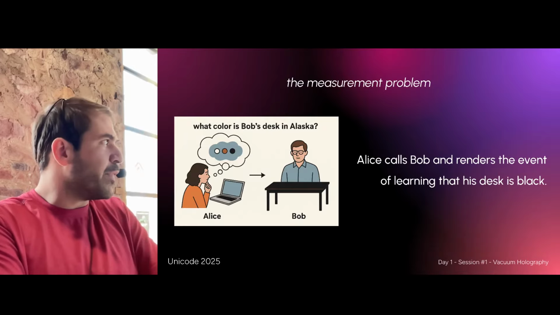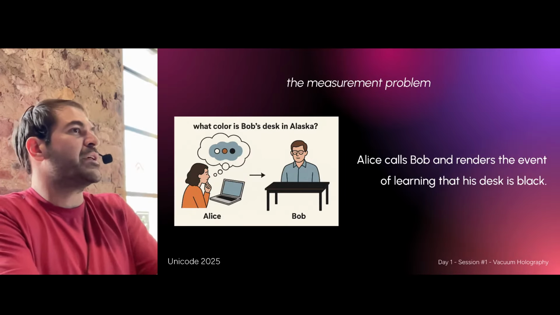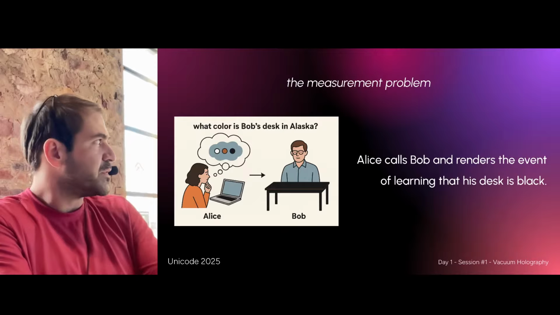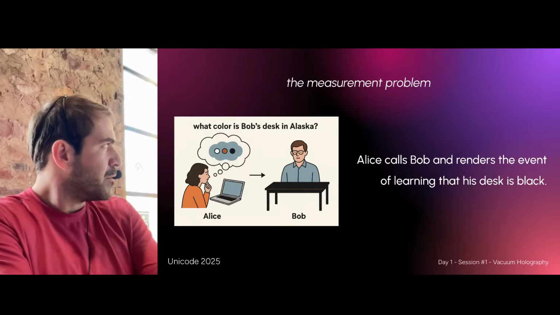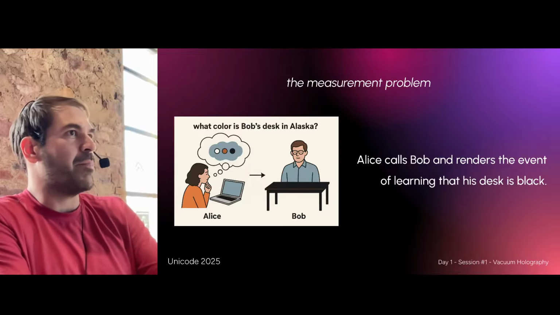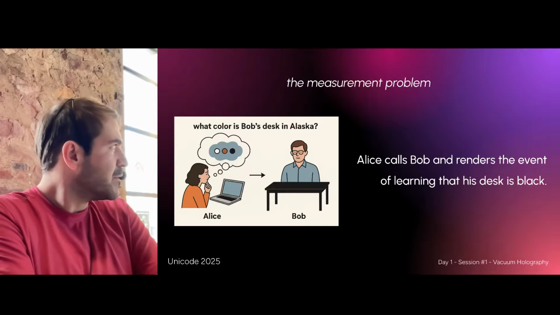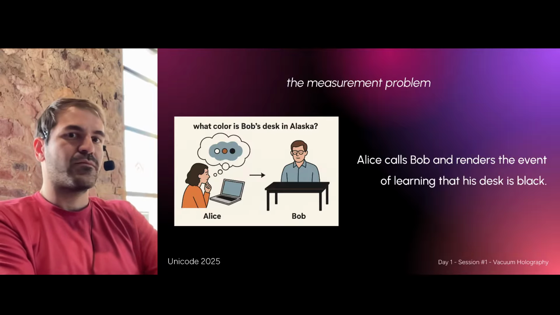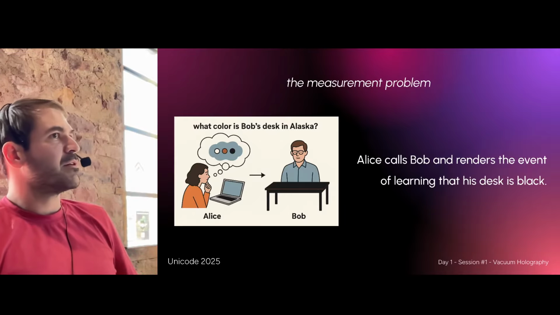And there you go. That's your solving of the measurement problem. The observer itself renders the answer out of superposition by making a phone call or by making an inquiry into the nature of what it is.